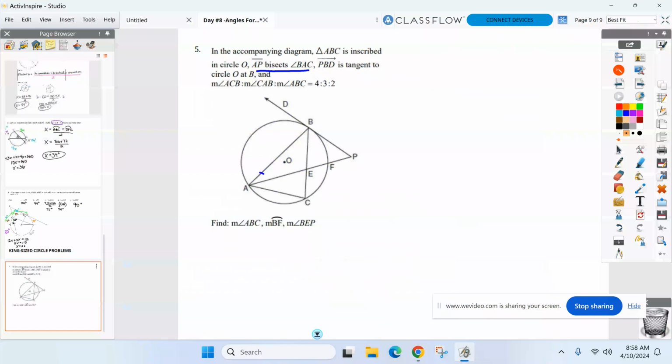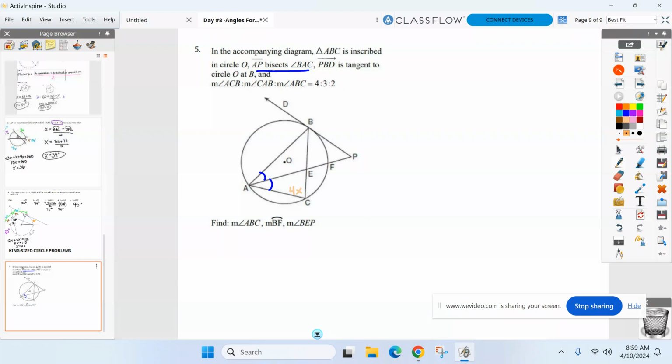BAP and CAP. Great job. Those two are going to be congruent. Good. All right, let's keep reading. I got a tangent line. Perfect. Numbers in a ratio, but now they're two angles, aren't they? So on angle ACB, you're not going to put a 4. You're going to put 4x right there. ACB, 4x.